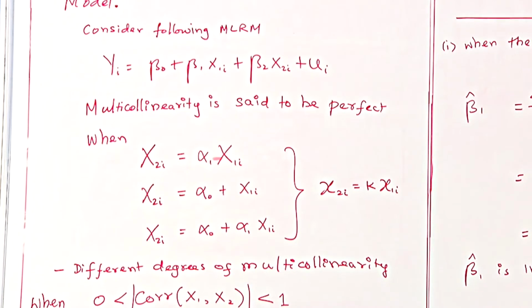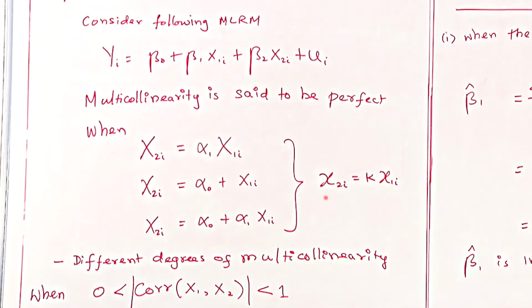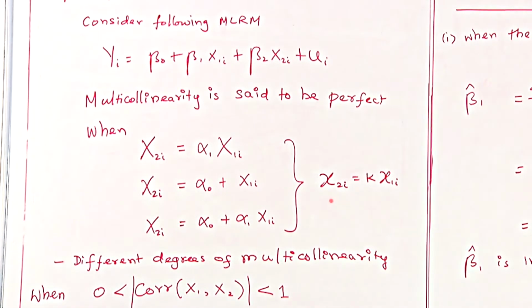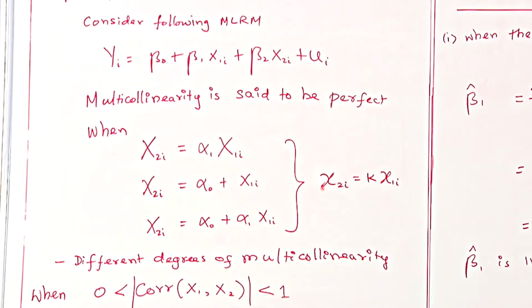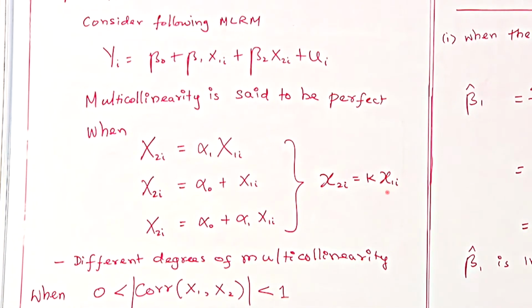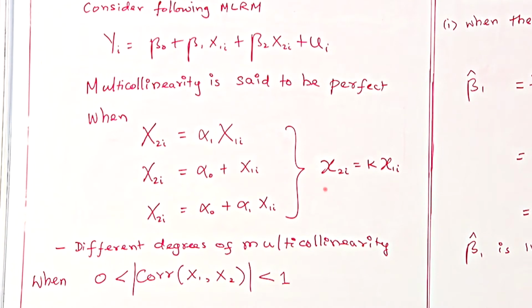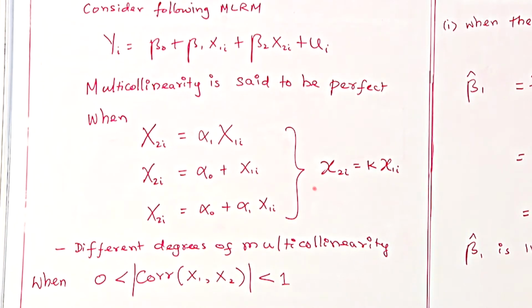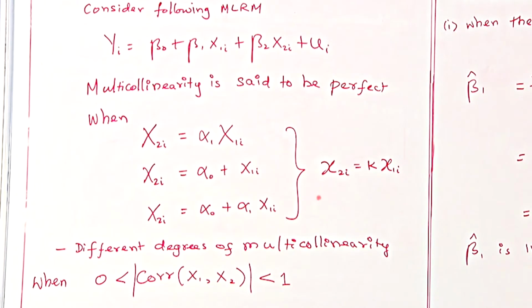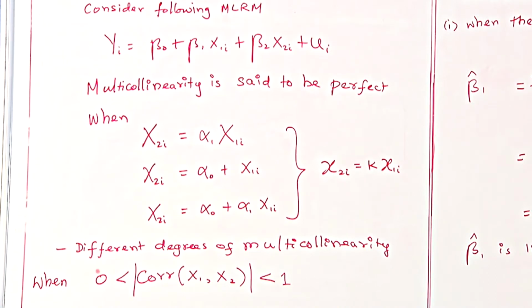This may be written as small x2i, the deviation from mean measure, and small x1i is the deviation from mean measure. If the multicollinearity is perfect, small x2i is equal to k times x1i. The degree of multicollinearity will vary.